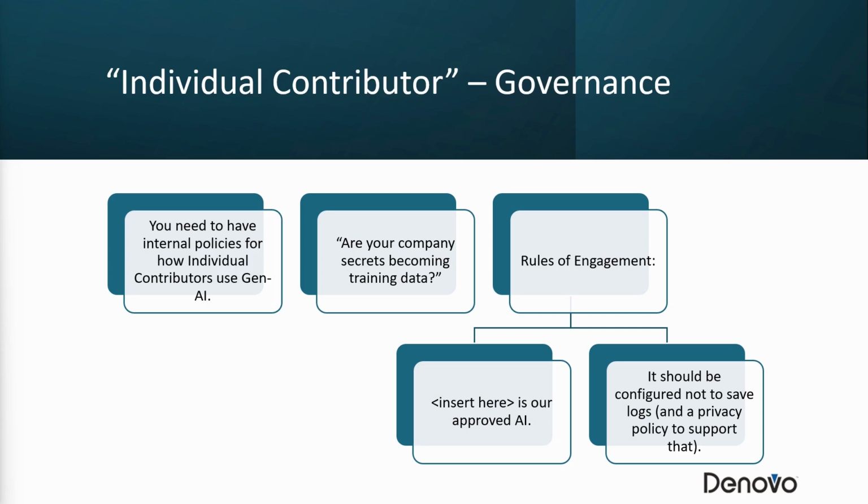So a couple things to think about in terms of individual contributor and governance. You need to have internal policies dealing with how your employees are using this. And the bottom line is they are using it, whether you know it or not. Are our company trade secrets becoming somebody's training data?